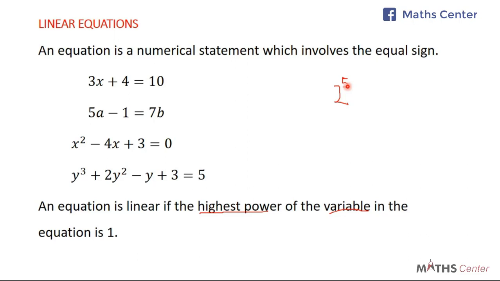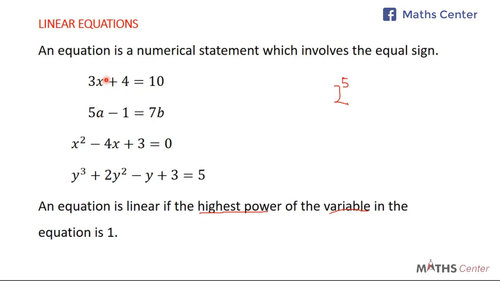So 5 here is called the exponent, the power or the index. So what this term means is that if an equation is linear, the highest power of the variable in the equation must be 1. Now let's come here. We know the variable. What is the power of the variable in this equation? The variable in this equation is x.